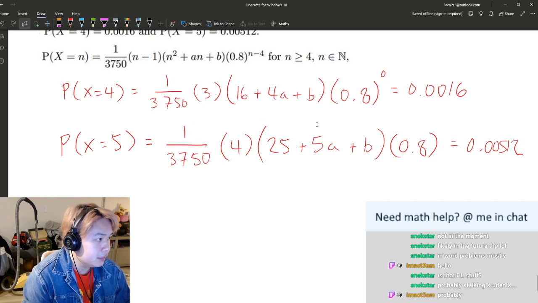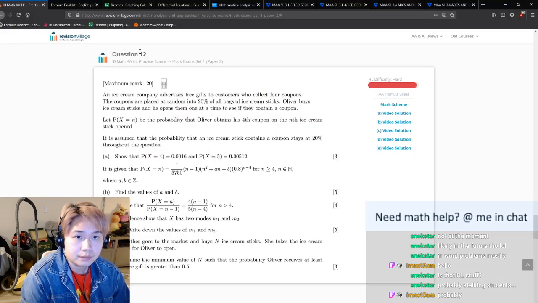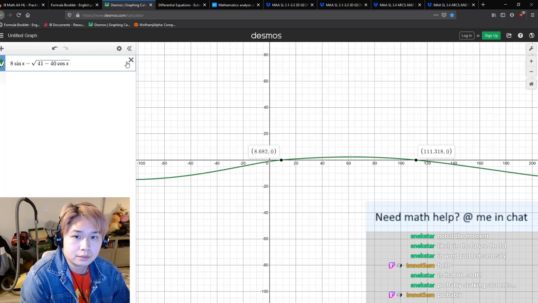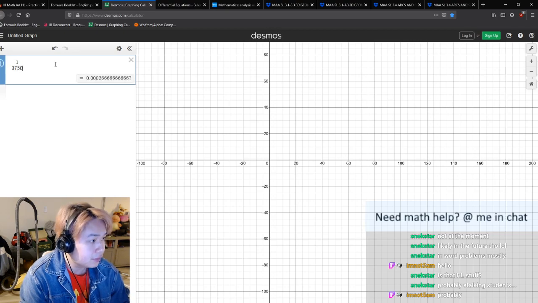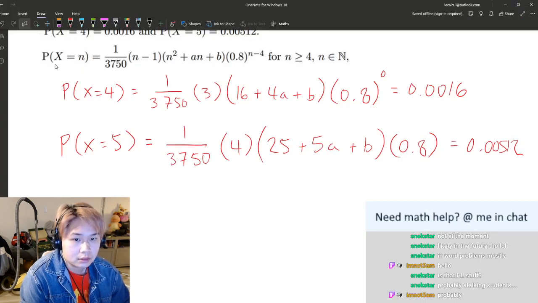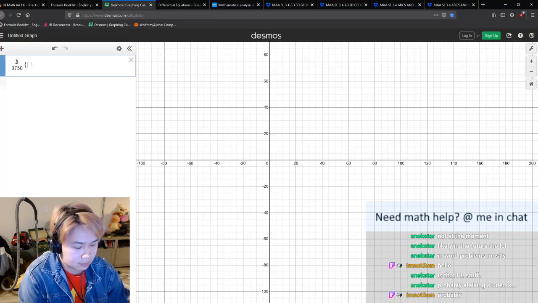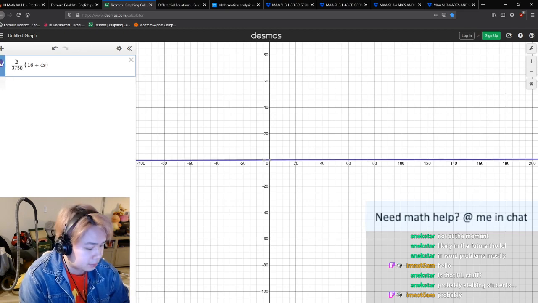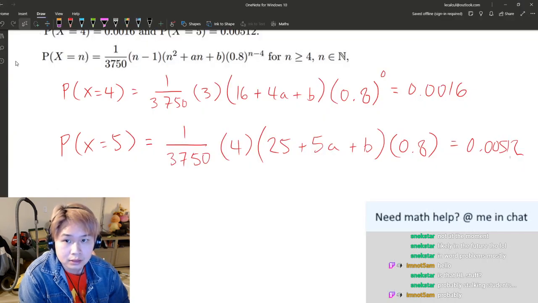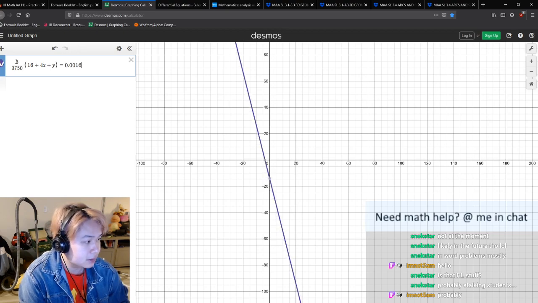And here we go. We have this pretty easy system to solve. So I'm just gonna graph. So 1 over 3750, right? And then 3, 16 plus 4a plus, well, actually I'll change these to x and y. And then this is equal to 0.0016.